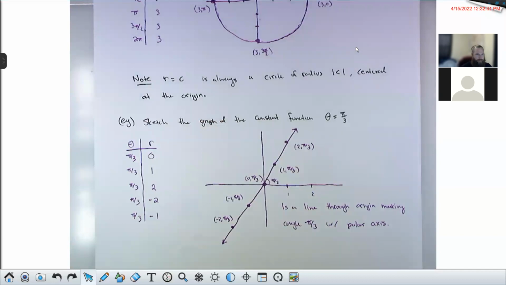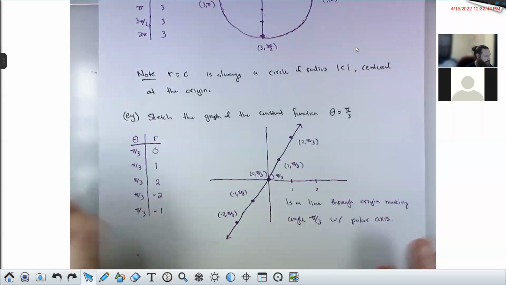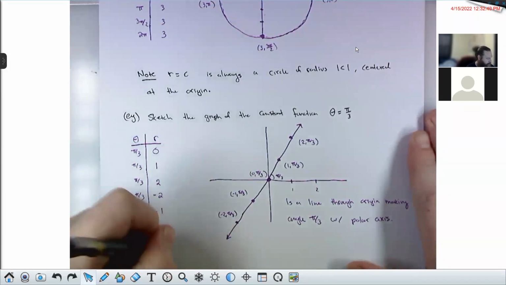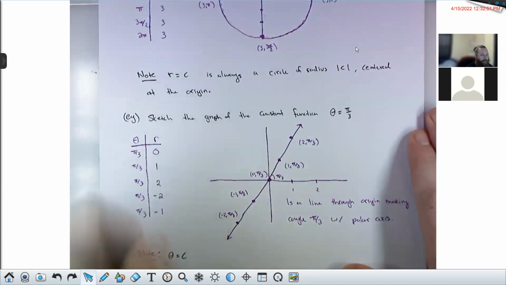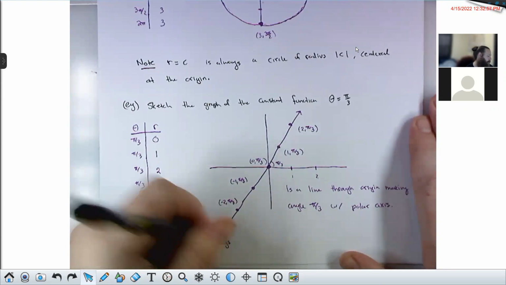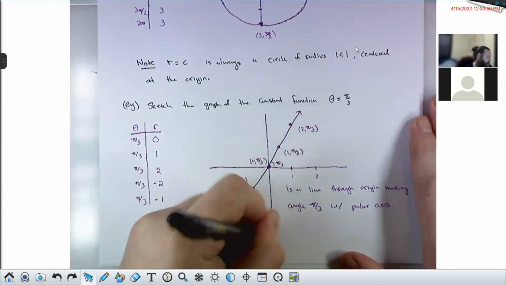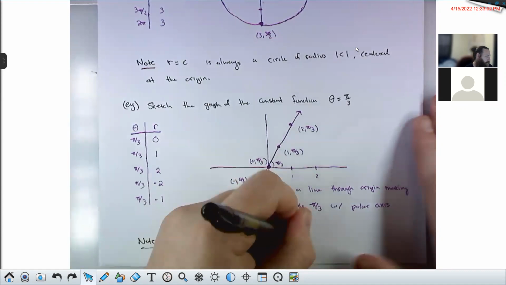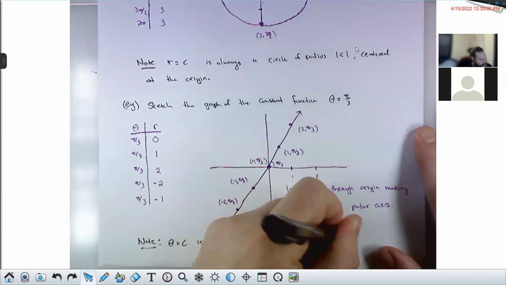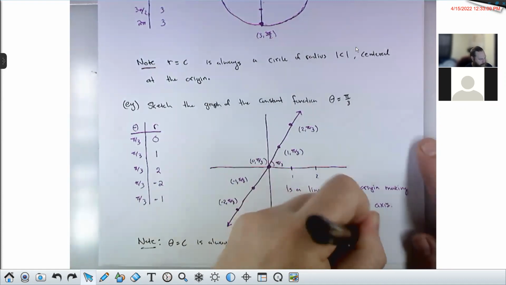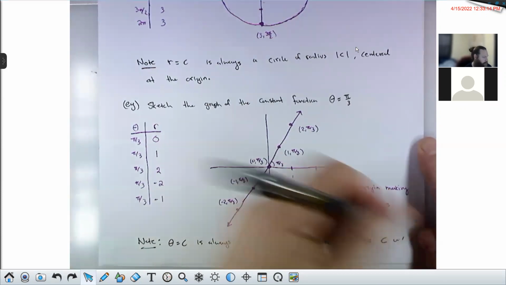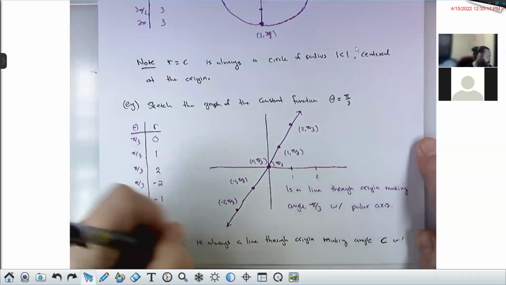And in general, the polar graph theta equals c is always a line through the origin making angle c with the polar axis.